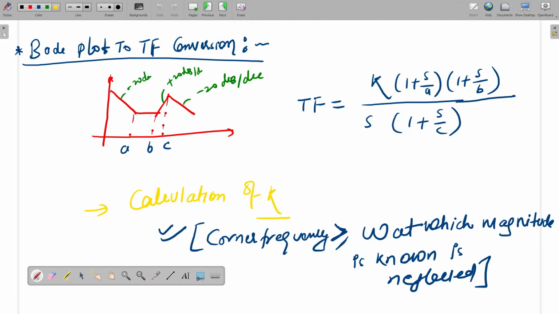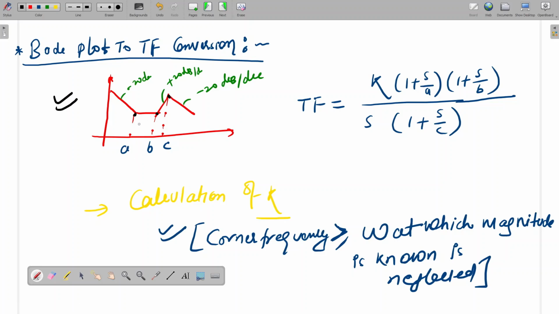Now this is a very good trick. If any Bode plot is given and we want to convert it to a transfer function, some corner frequencies will be there.